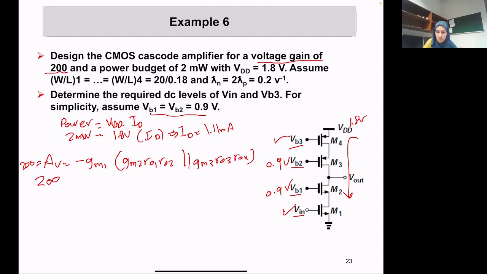So now if I know the value of GM1, we can find out.